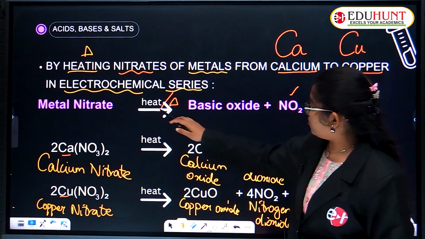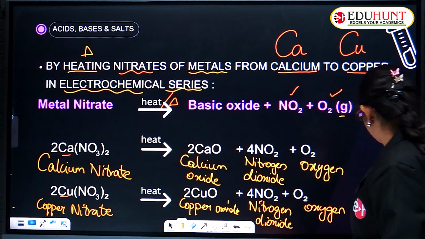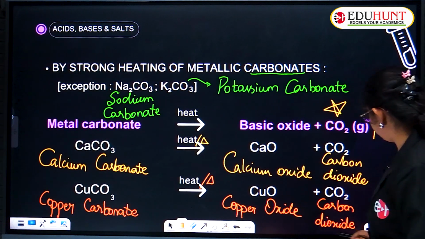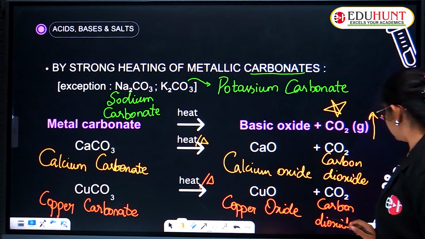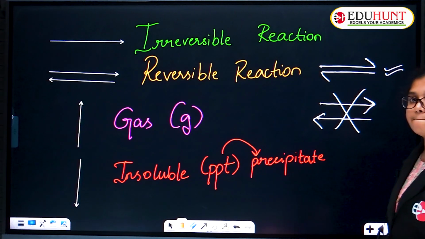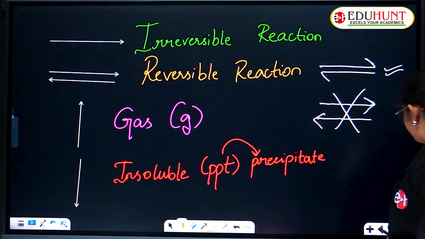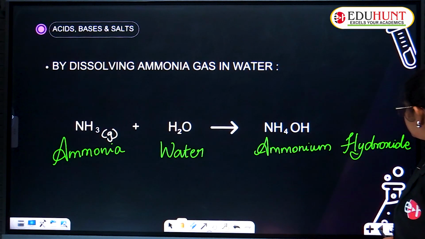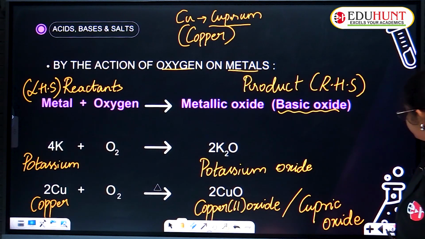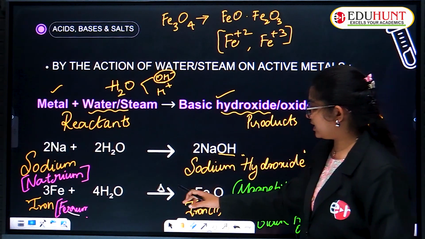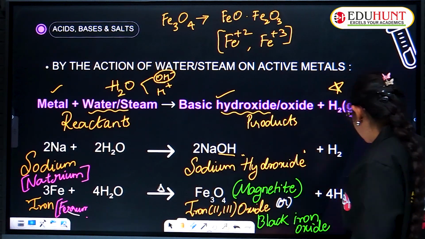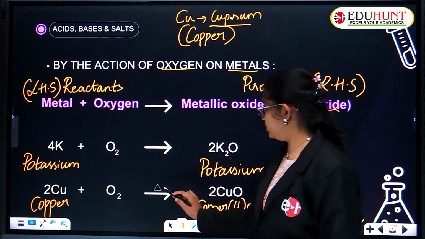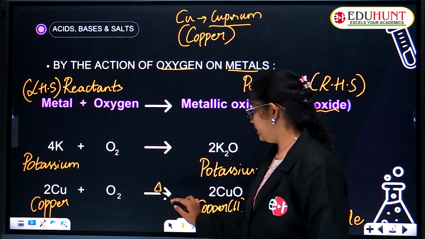See, if you look at the arrow marks here, heating and heat, these all are single arrow marks, which means they are irreversible reactions. Did you observe all these things? Here the triangle means upon heating, here also the triangle means upon heating.